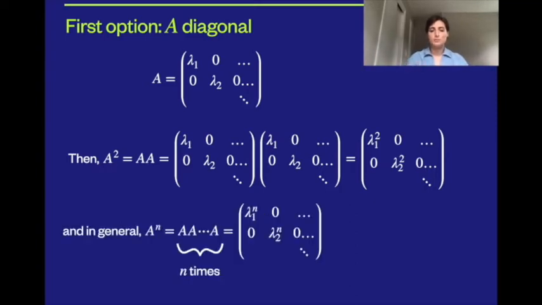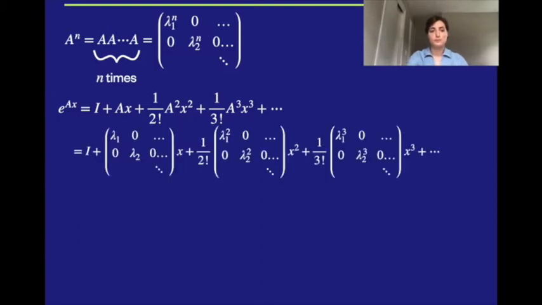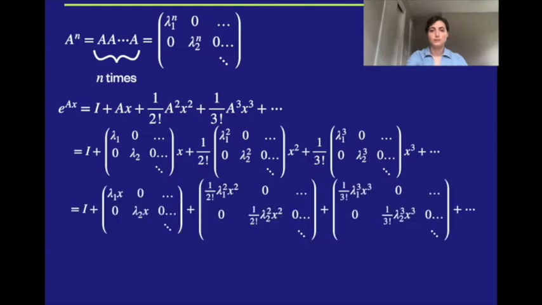And if you keep doing this many times, what you have is that A to the power n is a diagonal matrix in which each element on the diagonal is taken to the nth power. This is great because when we're looking at the exponential, which is a sum of powers of A, it's very easy to compute all these powers. It's just putting the elements on the diagonal to the power that we want.